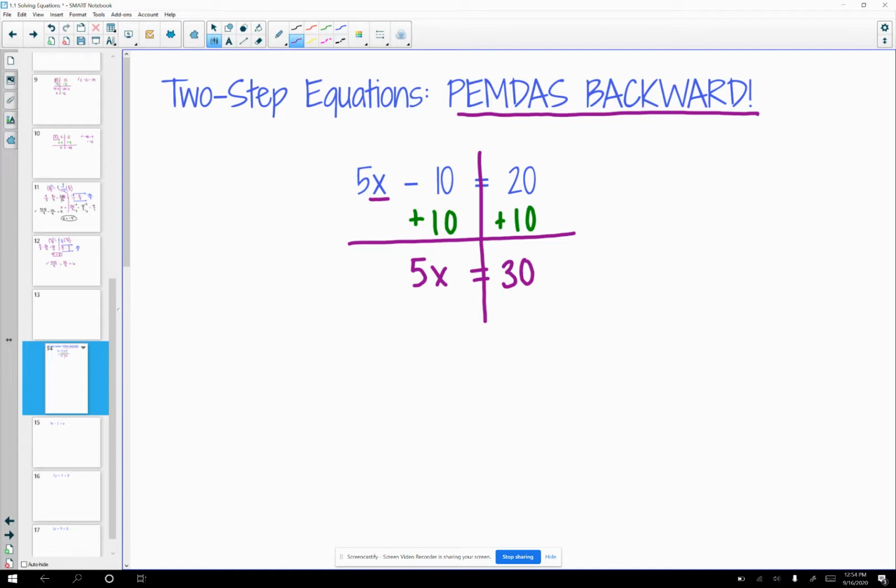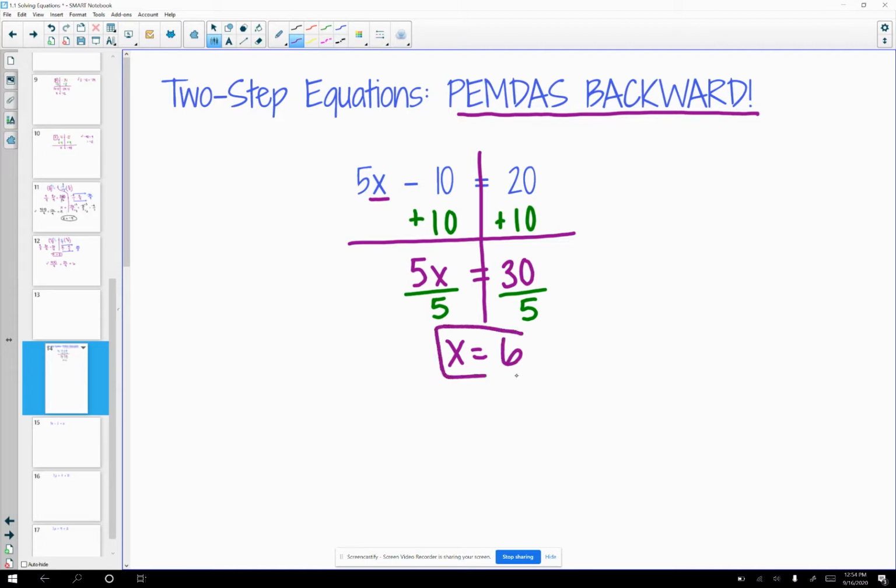So I want to undo multiplying, which means I am going to divide on both sides by 5. I'm going to divide by the coefficient so that I can get x by itself, which means I will have x equals, and 30 divided by 5 is 6.